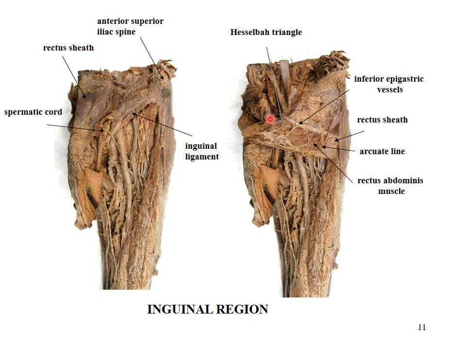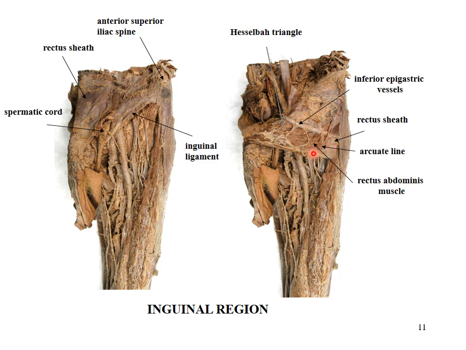This is the internal surface of the anterolateral abdominal wall in the inguinal region. We can see the inferior epigastric vessels, artery and vein. Also we can see the posterior wall of the rectus sheath.